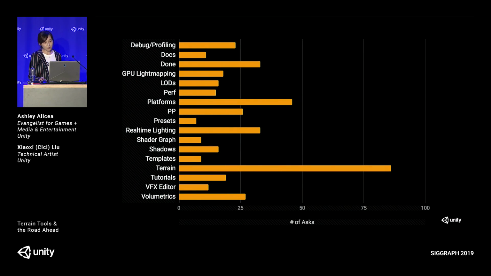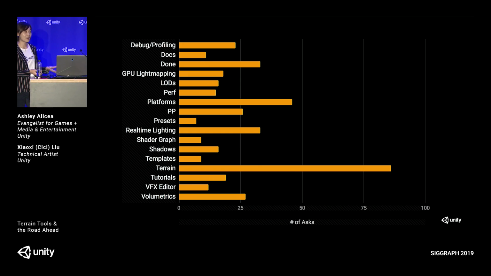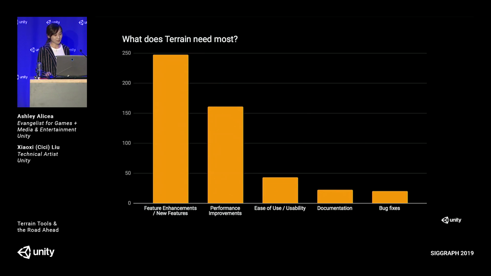From the results, while there were many requests for real-time lighting, volumetrics, better debugging, profiling, and better platform support, terrain was clearly identified as the major pain point. Then we asked users, what does terrain need the most?